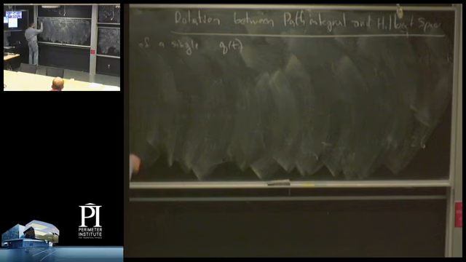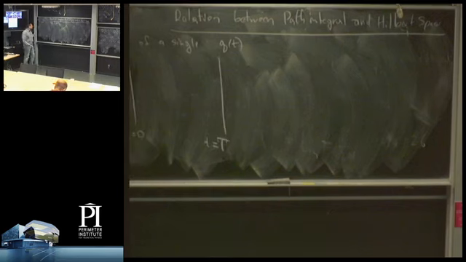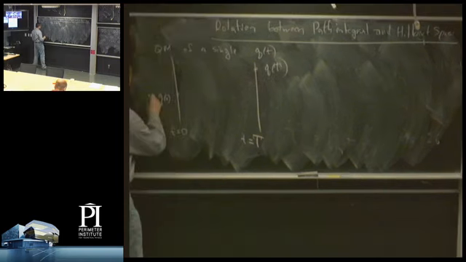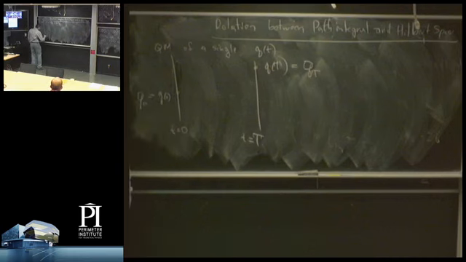So let's look at quantum mechanics of a single degree of freedom. So I have Q of t. So I can look at the path integral, right? So I'm just going to study the following process.